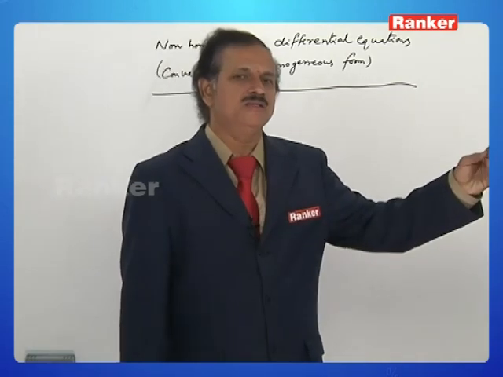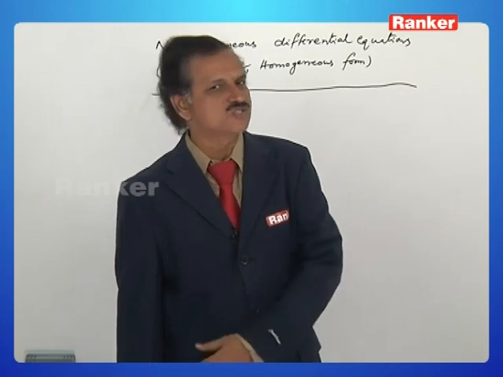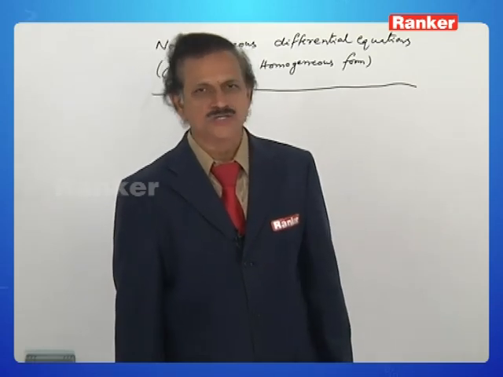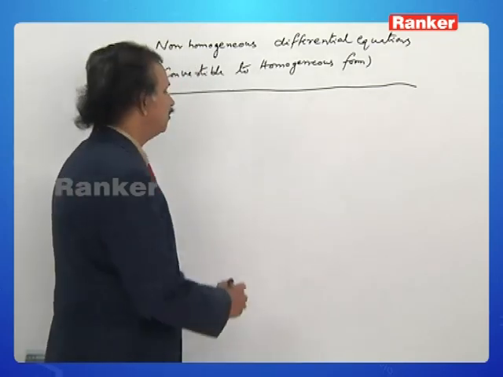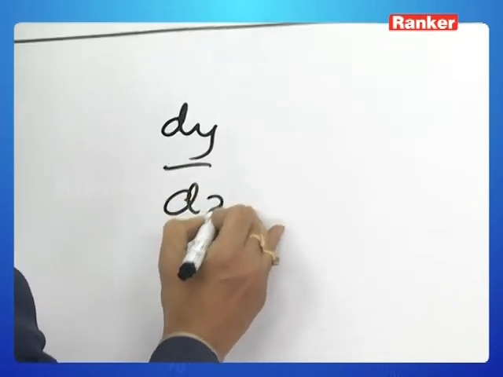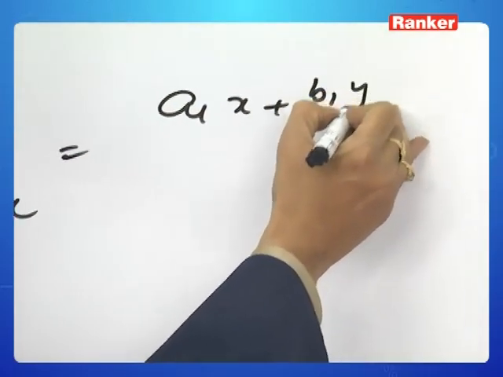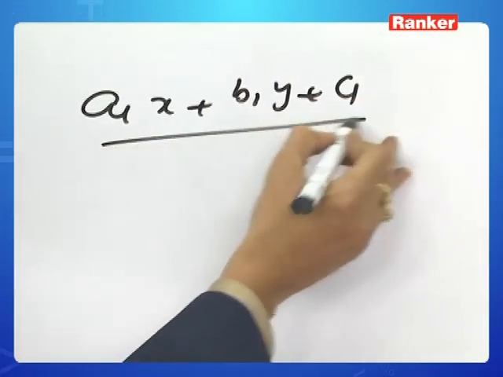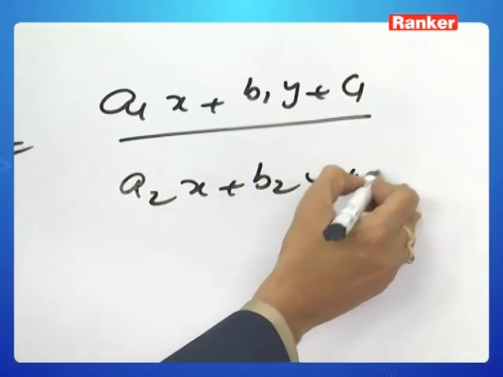Of course, by simple techniques or simple adjustments, we can convert that into homogeneous form. Let us understand what is the standard shape. You please observe the equation. dy by dx is equal to (a1x plus b1y plus c1) by (a2x plus b2y plus c2).